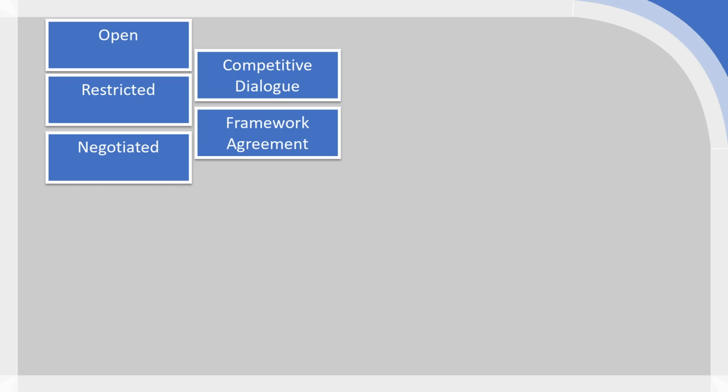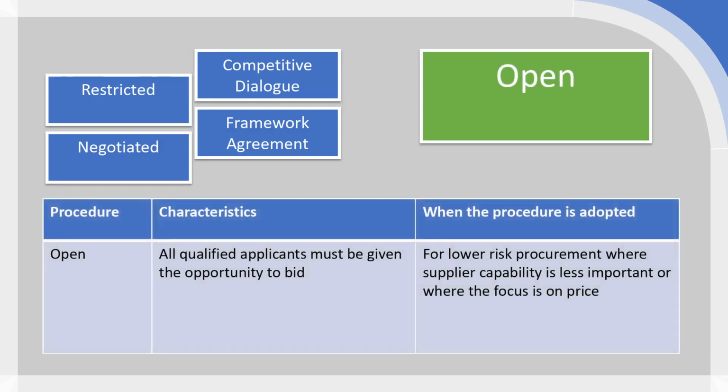If we look at our first type, which is an open supplier selection process, this is the most straightforward and simple of which, where you just have a range of qualified applicants and you allow them to bid, present quotes, or present proposals.